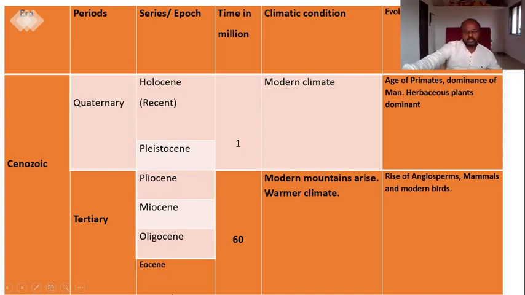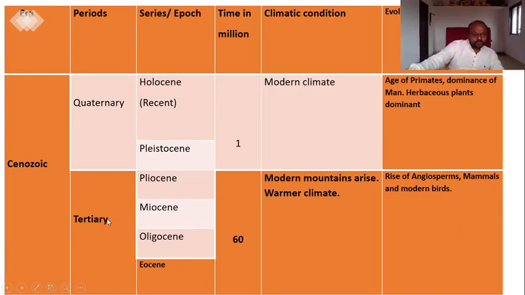There is no middle and lower, but these series belong to the Tertiary period, and the age is 60 million years ago. The climatic condition is a warmer climate, and the modern mountains arose in this Tertiary period. Here the angiosperms are dominant, and mammals and modern birds are also dominant in the Tertiary period.